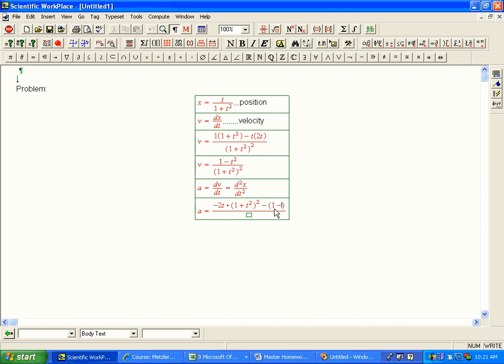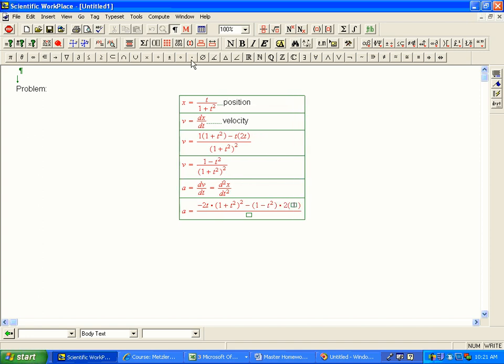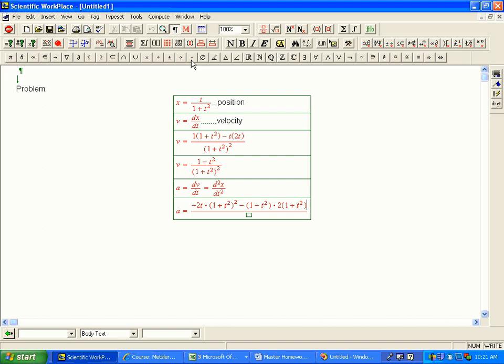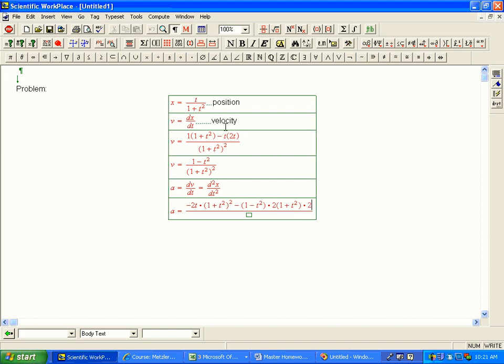Now we're going to leave the top alone, and take the derivative of the bottom: 2 times 1 plus t squared. Since it's something squared, and it will always be something squared if you're coming out of a first derivative, times the derivative of what's inside, which is 2t. So times 2t.